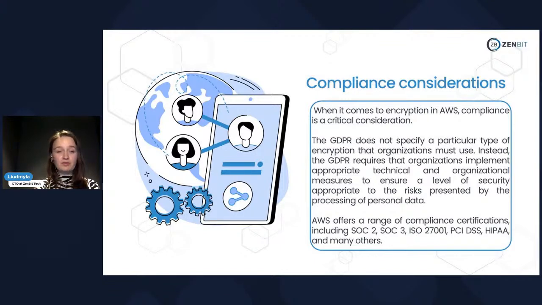GDPR does not have a very strict requirement, so it doesn't say that data should be encrypted in transit and at rest, but it says it's important that you use a secure level which will protect the data of your users. So even if it's not in open text, behind the scenes it's actually the same as required.